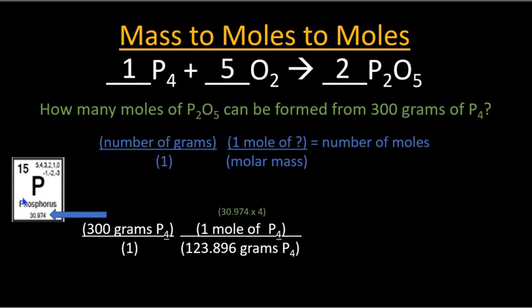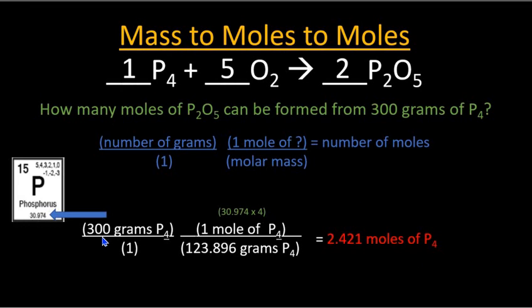That's multiplying the mass of 1 phosphorus times 4 because there are 4 of them. Grams and grams are going to cancel out, and you then figure out you have 2.421 moles of P4.